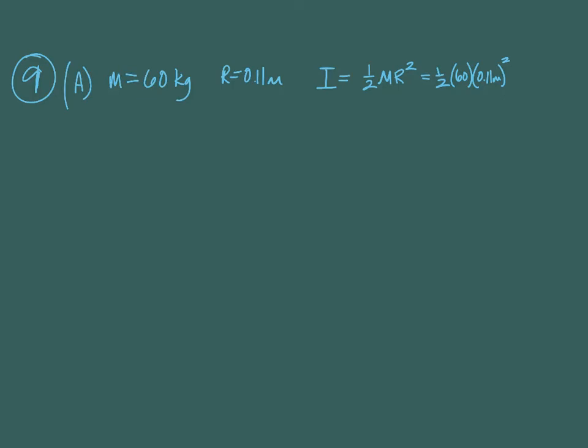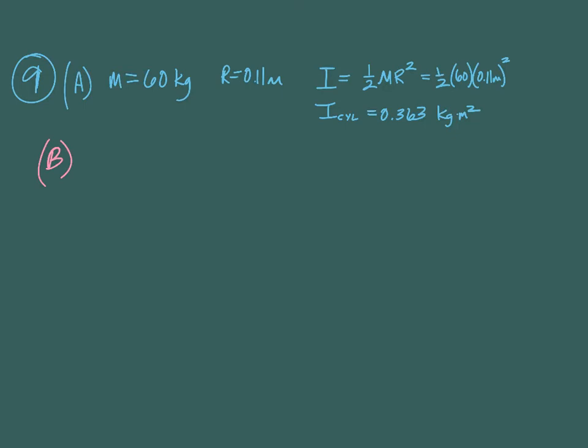And we get the rotational inertia of the cylinder skater is going to be 0.363 kilogram meter squared. Okay, exciting.